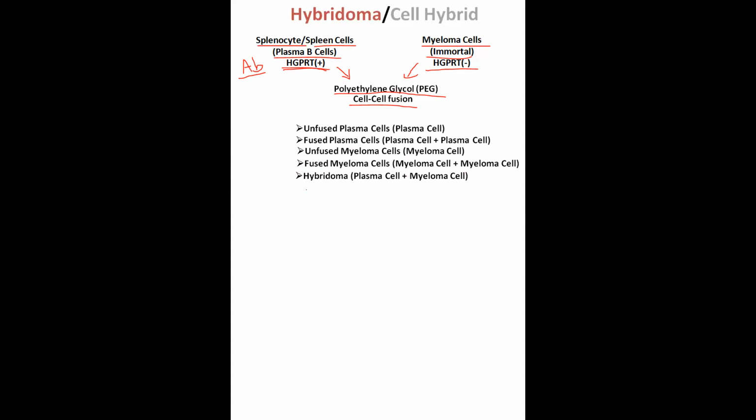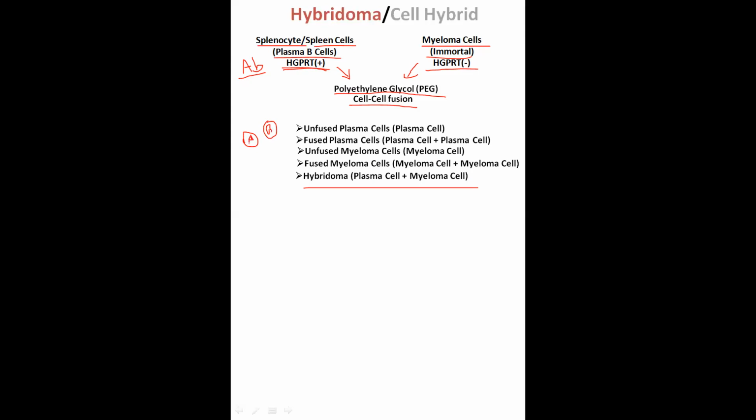And there is one scenario that gives the cell we need, which contains one plasma cell and one myeloma cell. When I say plasma cell or myeloma cell, it means the nucleus. So this is one cell with one nucleus, and this is another cell with another nucleus, suppose the B nucleus, and this is the A nucleus.